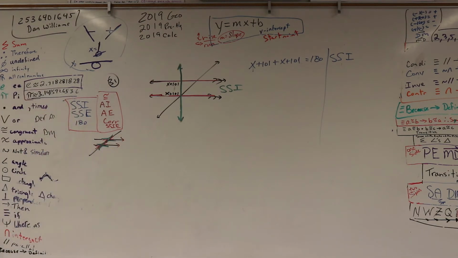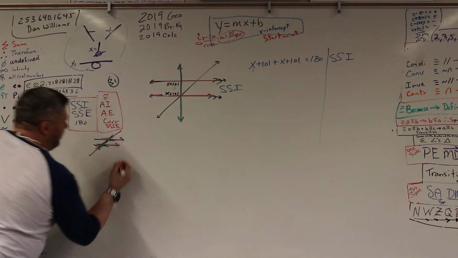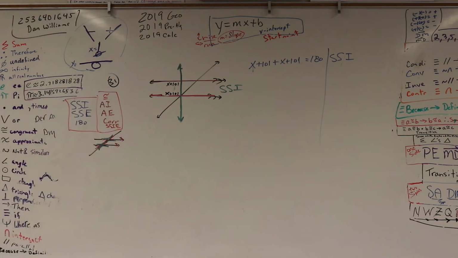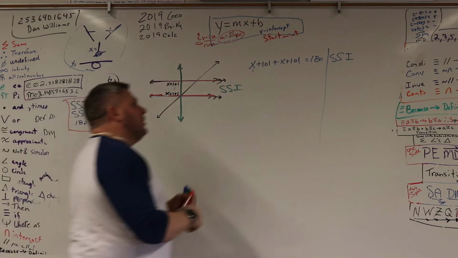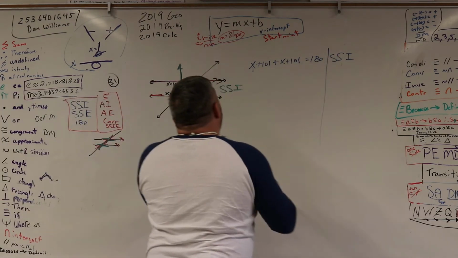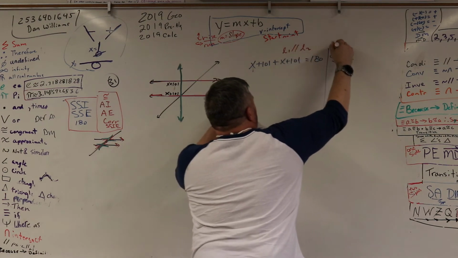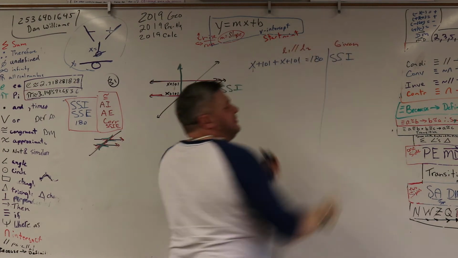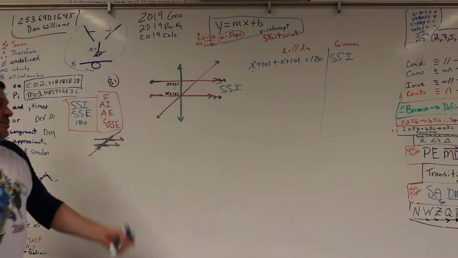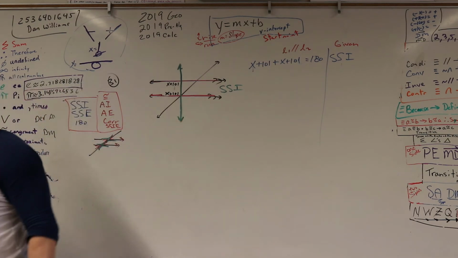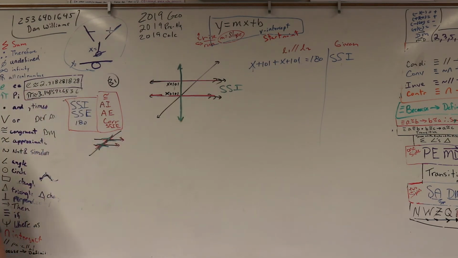Parallel means a double arrow. Okay, so that's your first one. Given that line 1 was parallel to line 2, that's given. That's what they told you, and that's how you came up with it.